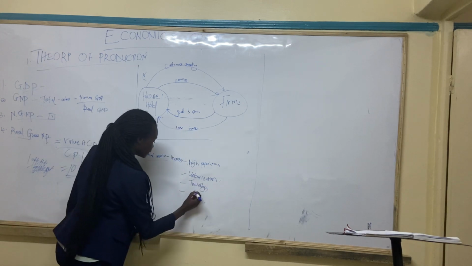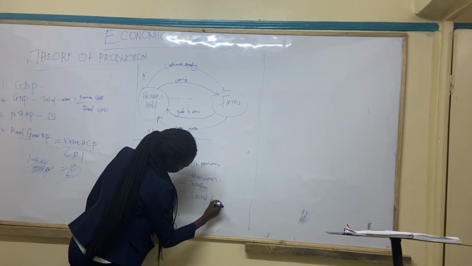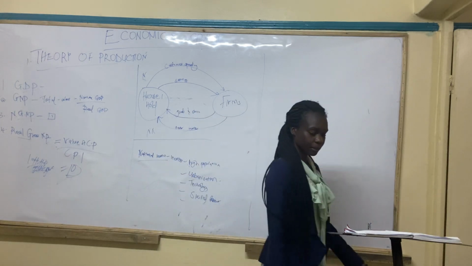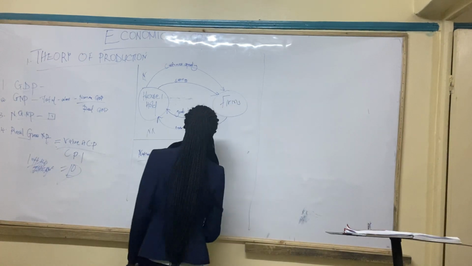The fourth one is skilled labor. And the fifth one is a decrease in crime rates.